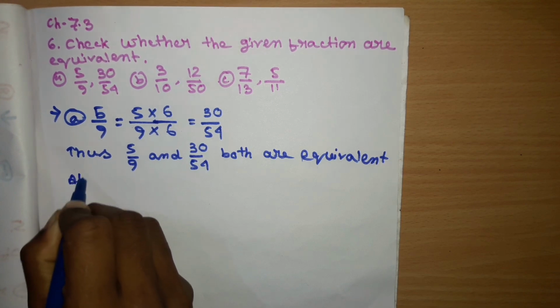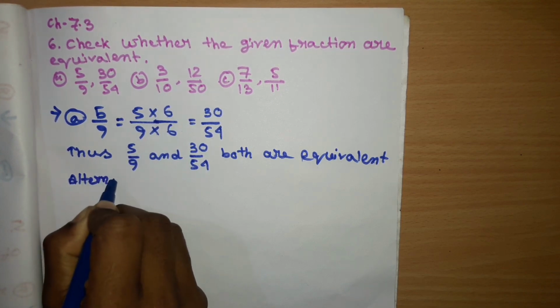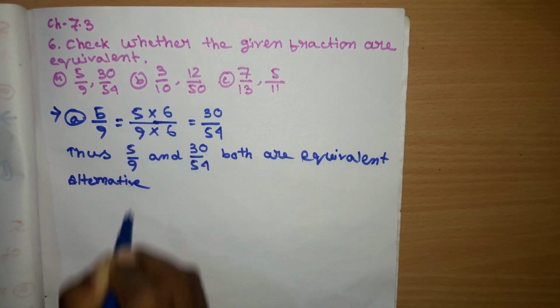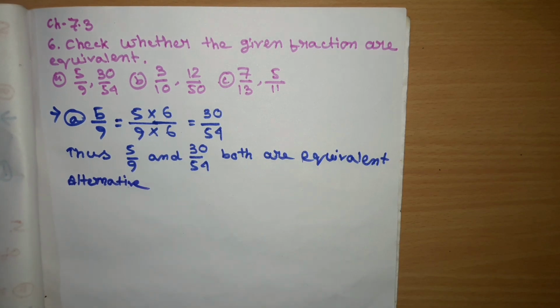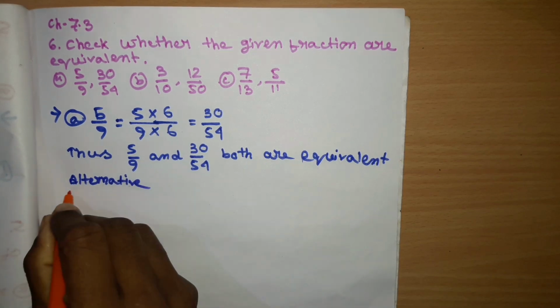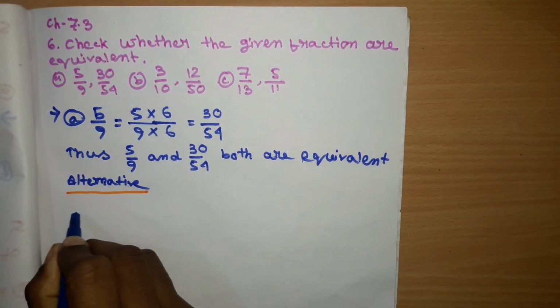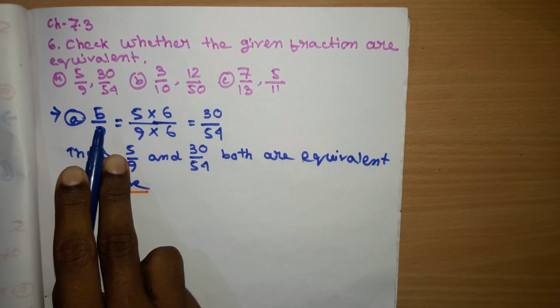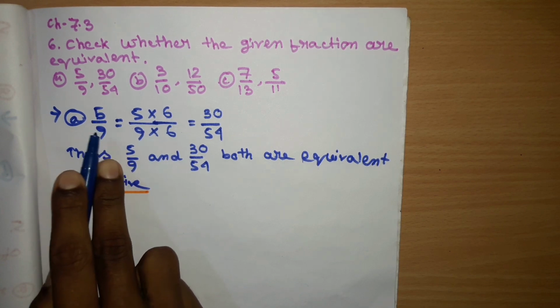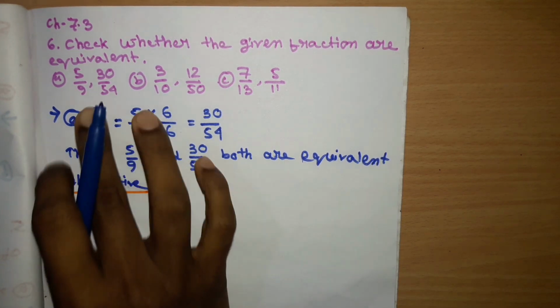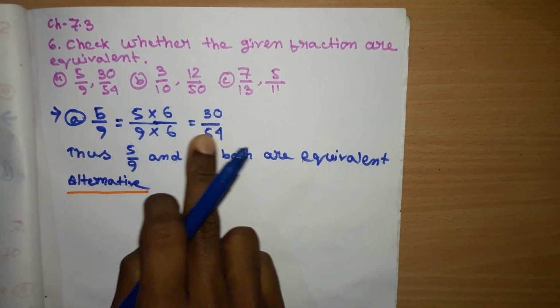We can do it in another way. Suppose, an alternative way. Earlier we multiplied the fraction 5 by 9 and got this.